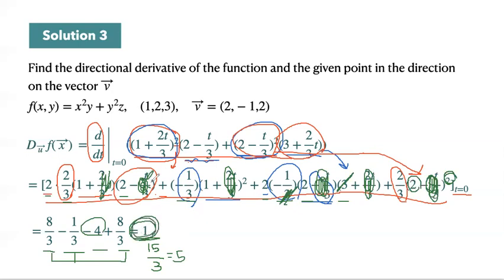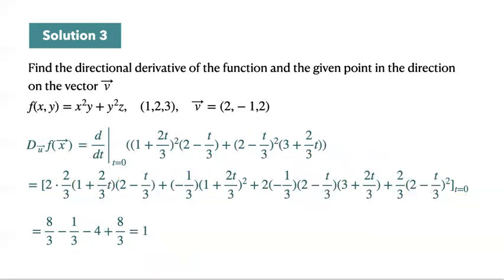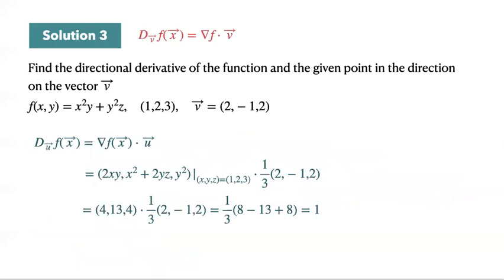And you can see that it is a very tedious computation. So there is another way to calculate it. Let's go to the things here. Yes. As I said before, there is another formula like this one.